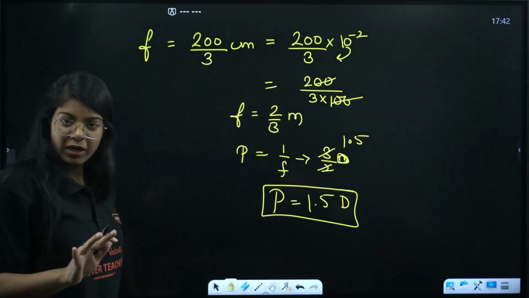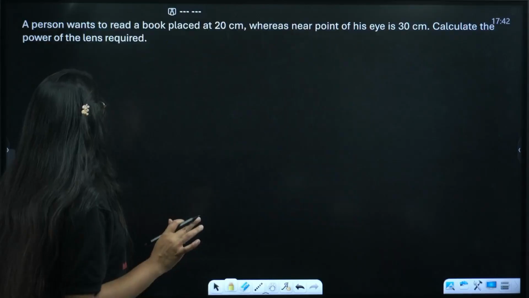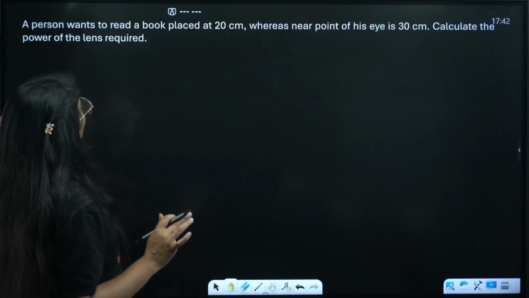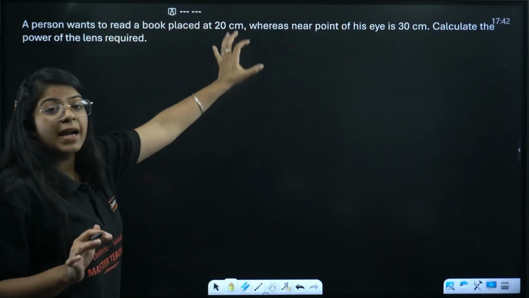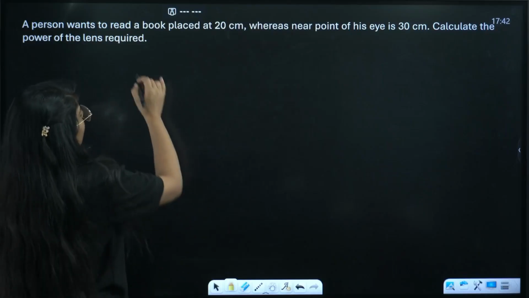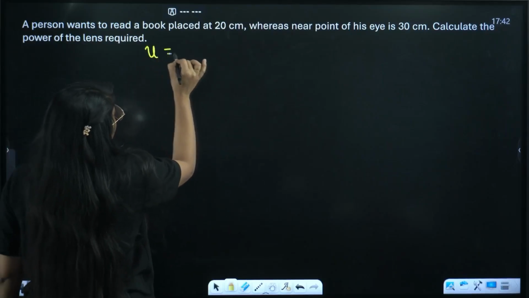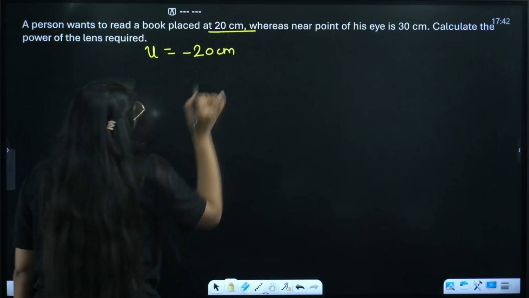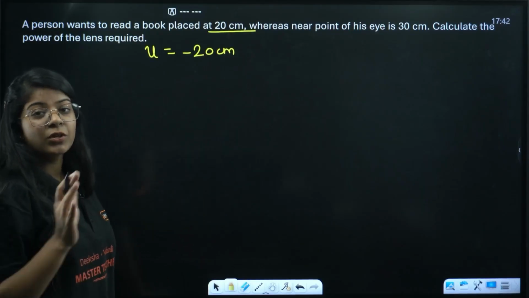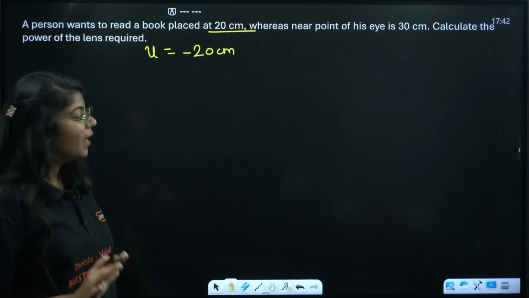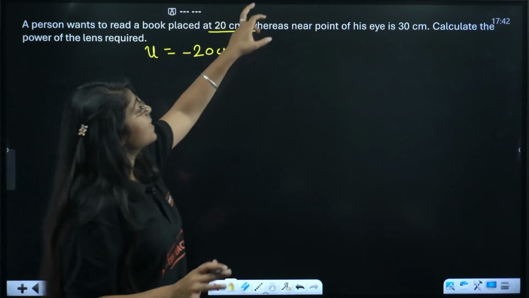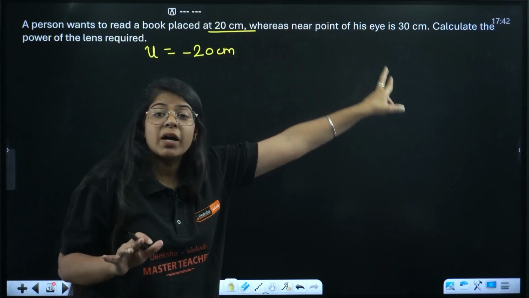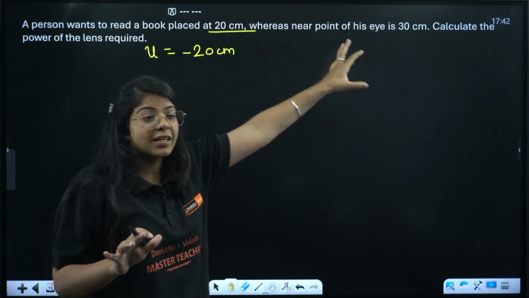Good? Understood now? Okay. Next we have, a person wants to read a book placed at 20 centimeter. Now the book is placed at 20 centimeter. So book is my object. So object is u. U is always negative. So u is minus 20 centimeter. Whereas near point of his eye is 30 centimeter.